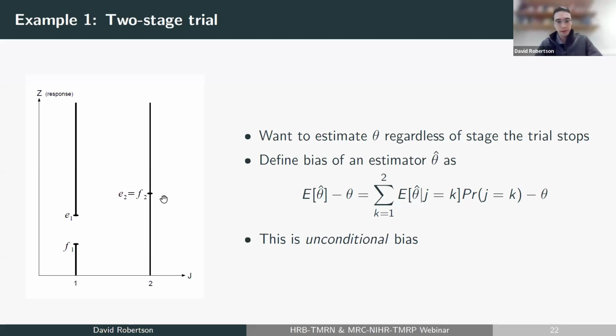If we take this unconditional perspective that I mentioned earlier, we want to estimate our treatment effect theta regardless of the stage that the trial stops. So we define the bias of estimator theta hat as this weighted sum of the expected value of theta hat conditional on the stage the trial stops, weighted by the probability it actually stops at that stage. So this is the unconditional bias.